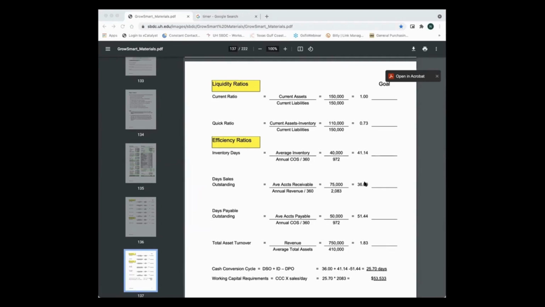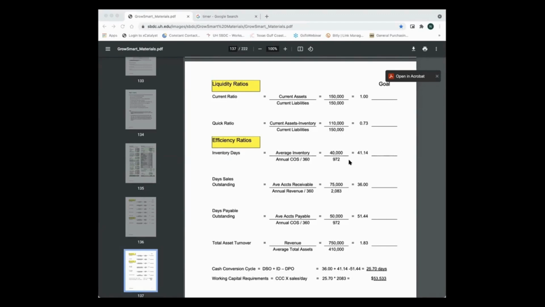Our fourth number is called total asset turnover. And we calculate total asset turnover by taking revenue from the income statement, in this case, $750,000, divided by our average total assets, 410. In this case, we get total asset turnover of 1.83. This tells us as a whole, how efficient are we managing all of our assets on the balance sheet.